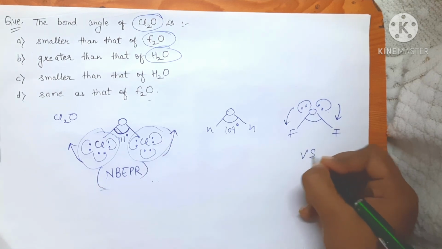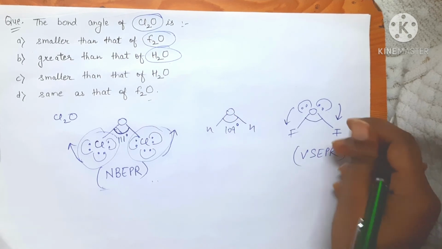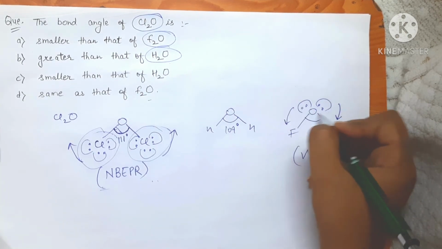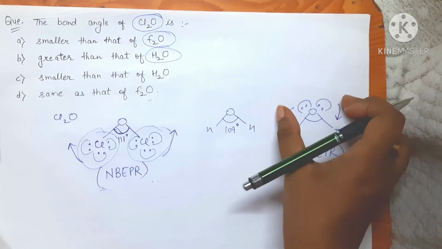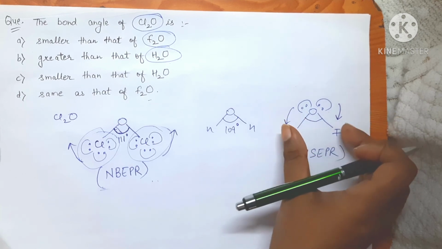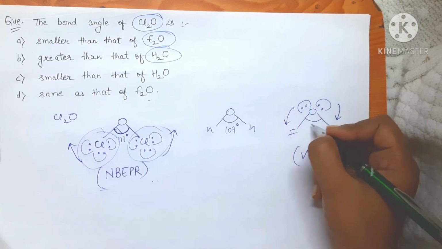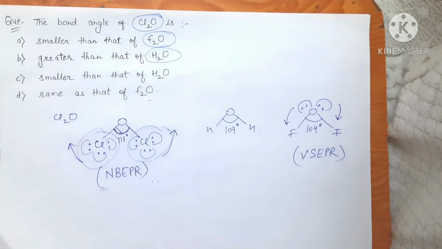Here VSEPR dominates, because the lone pairs present on this oxygen apply repulsions, due to which this bond angle decreases from the natural 109 degrees and reaches approximately 104 degrees.